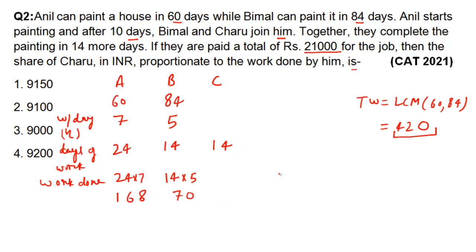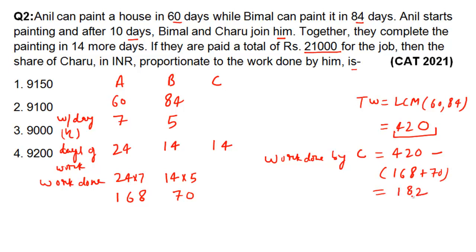So here I can write work done by C, that should be 420, that is total work, minus work done by A and B, which is 168 plus 70, right? So this will come out to be 182, right?